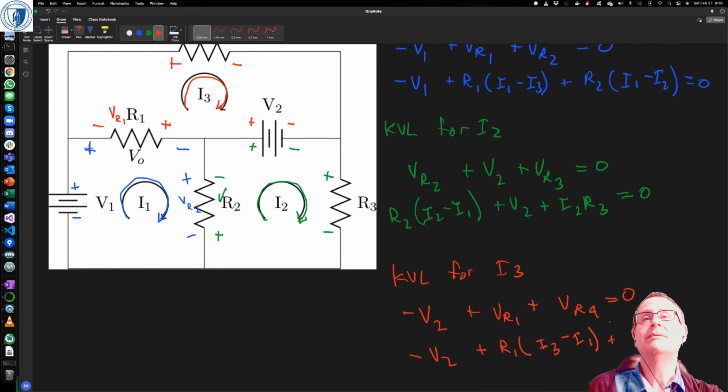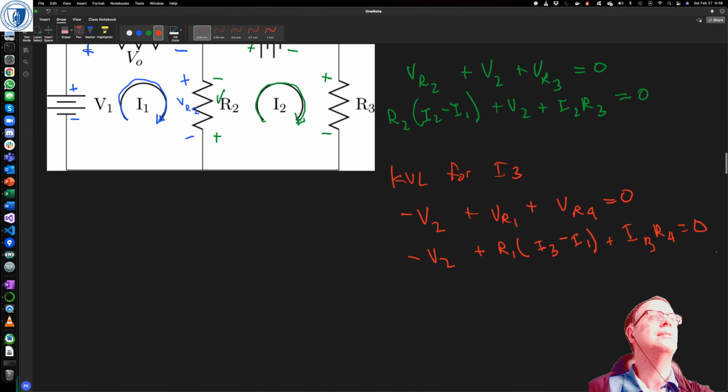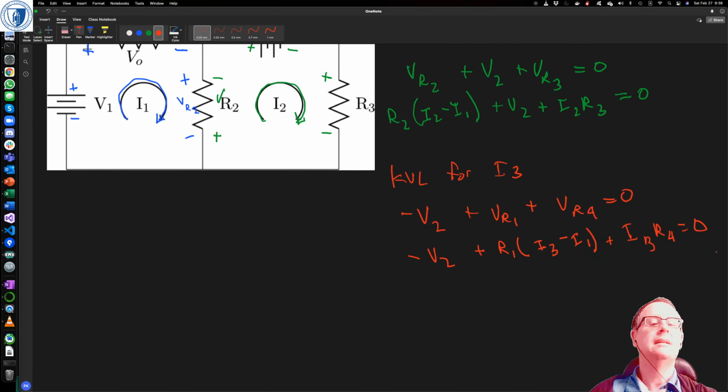And then for VR4 there's no other current, so it's just I3 times R4. And it's not a 6, it should be a 0. And it's hiding behind my head so you can see what I wrote. There we go.